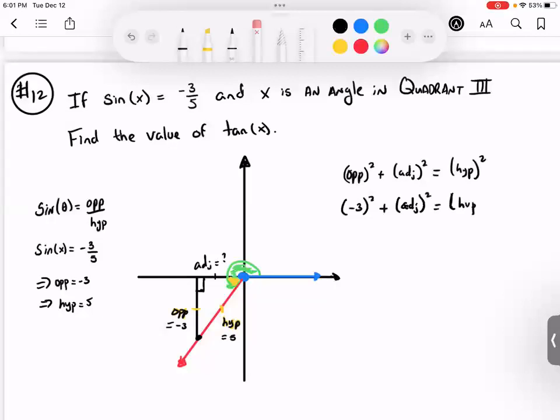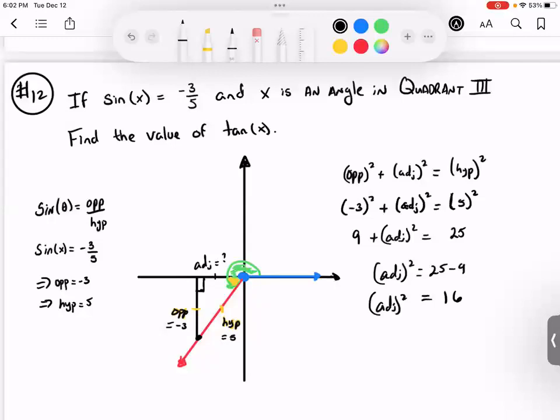The hypotenuse is 5. All right. So -3 squared is 9. 5 squared is 25. So we have adjacent squared here. So I subtract 9 on both sides. You'll get the adjacent squared is equal to 25 minus 9, which, by the way, is 16.